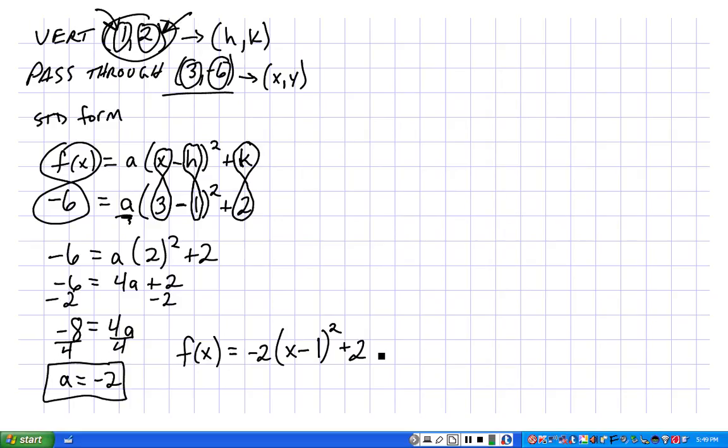So your final answer, the equation in the proper form, would be f(x) = -2(x - 1)^2 + 2. So that would be putting it in its proper form.